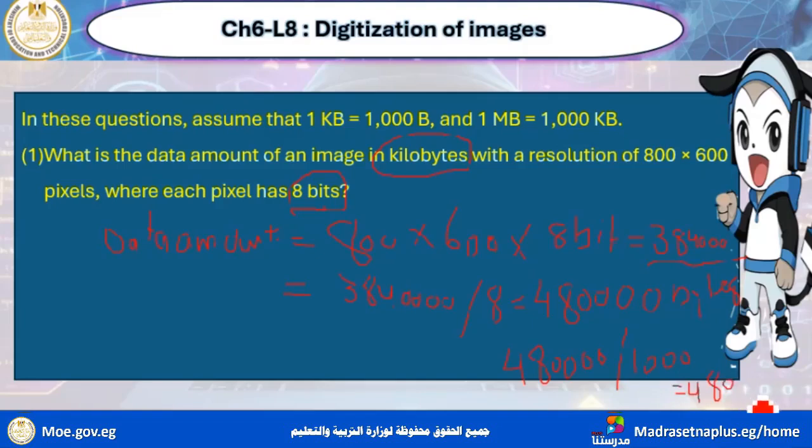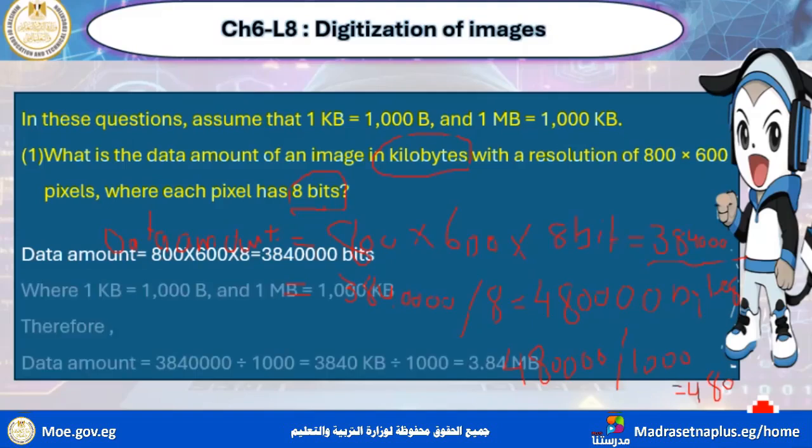Let's see, the amount is equal to 3,840,000 bits, where 1 kilo is equal to 1000 bytes and 1 mega is equal to 1000 kilobytes.